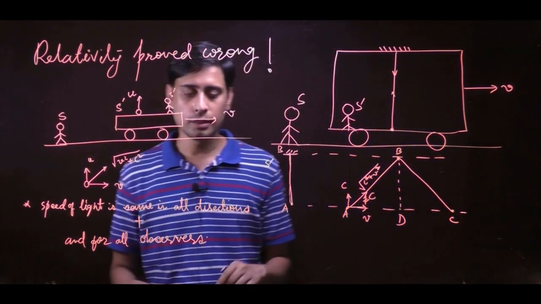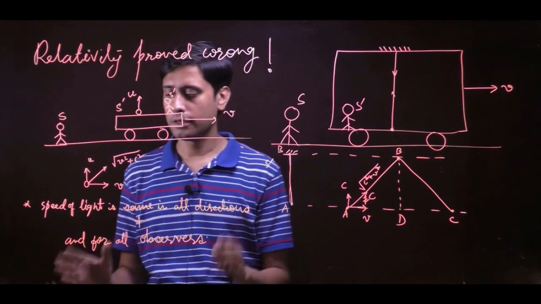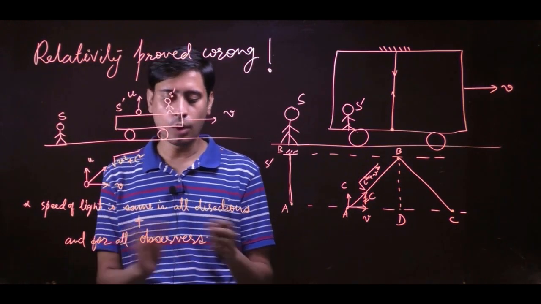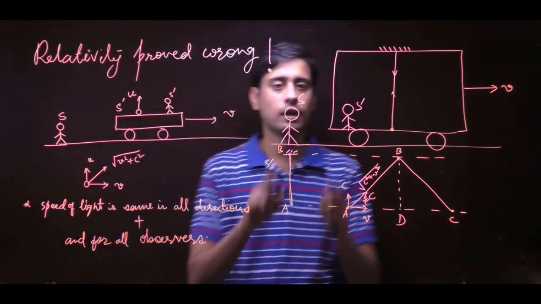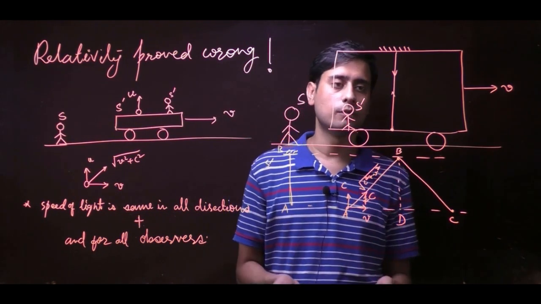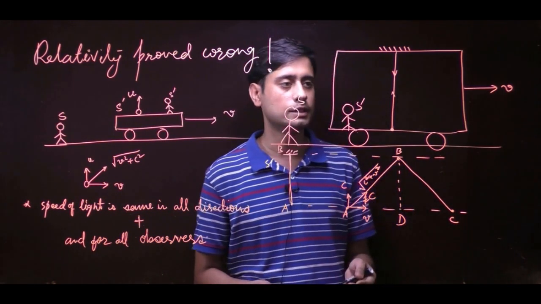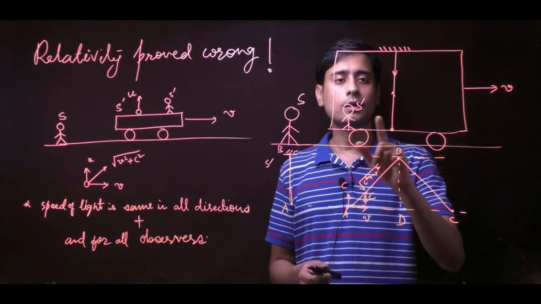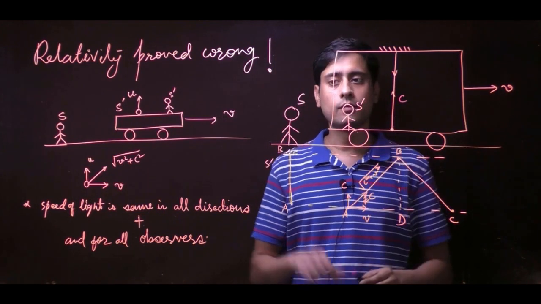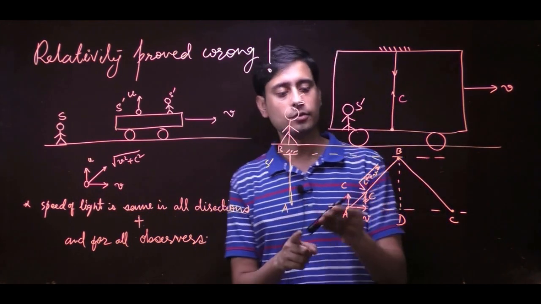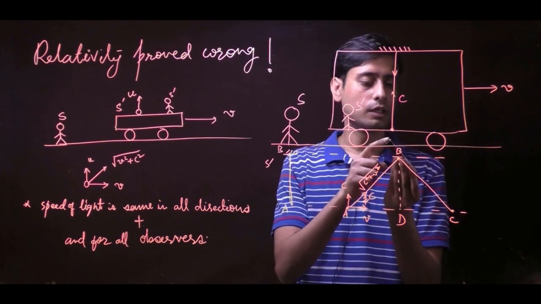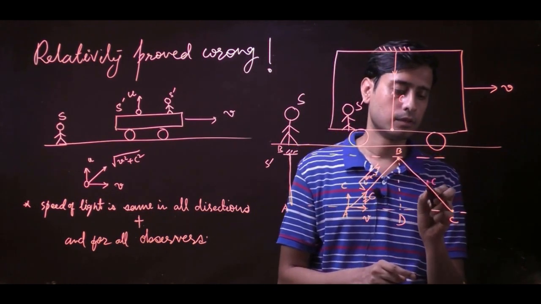In the last lecture we already assumed that the speed of light is the same in all directions and for all observers. So for both S and S prime, the speed of light seems to be the same, which is c. For the S observer, the light is going upward and downward with speed c, and for the S prime observer, light is going in this direction with a speed c and in this direction with a speed c.